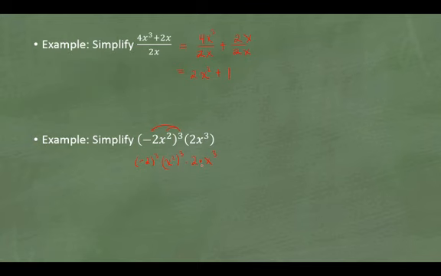Negative 2 cubed is negative 2 times negative 2 times negative 2, which is negative 8. x squared cubed is x to the 6th. We multiply, times 2 times x cubed. And then remember, negative 8 and 2 can be multiplied. Negative 16. x to the 6th times x to the 3rd is x to the 9th.